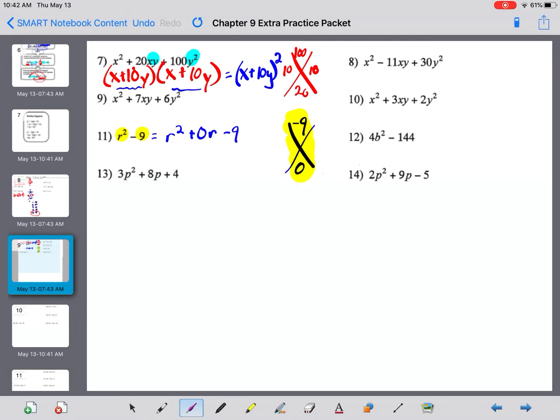So you can go this way if you remember that there's 0 of the middle term, or you can square root each of the terms in that binomial, and then the square root of the first term goes first, the square root of the second term goes second. And if you look at your factor chart, one of them has to be positive and one of them has to be negative. And when you solve the diamond, you hopefully realize that negative 3 times 3 is negative 9, and it adds to 0. So there's the right pair there.